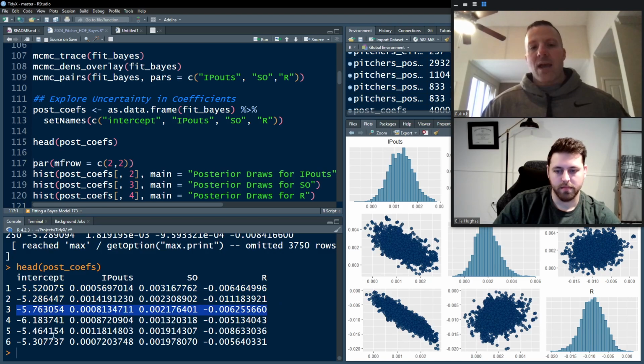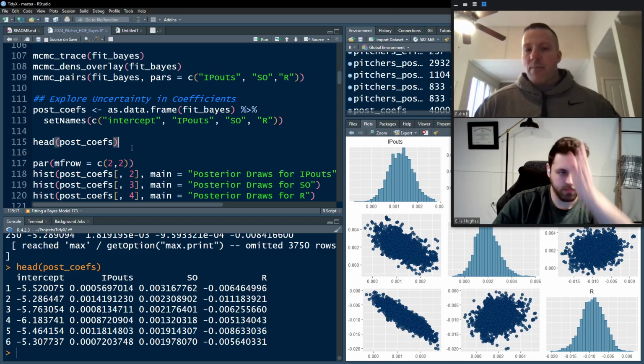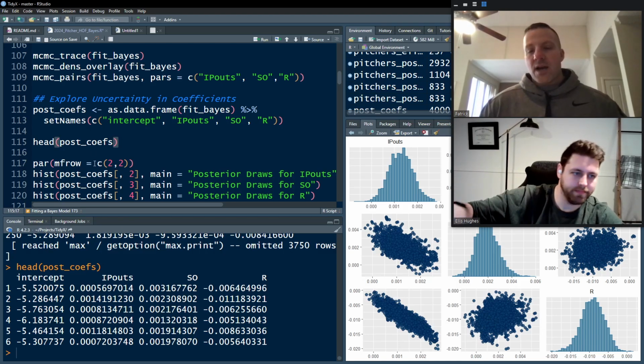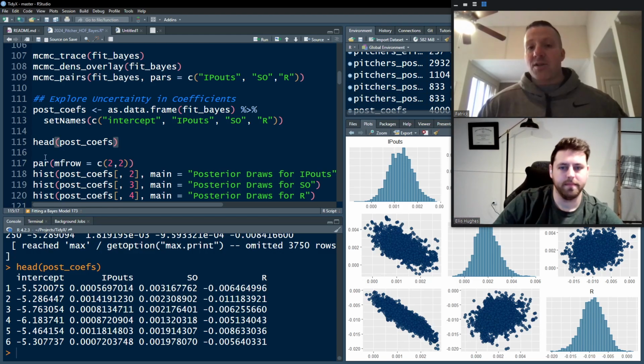And so now we have this data frame where each column is representative of one of the coefficients in the model, including the intercept, and each row is representative of the possible 4,000 universes that could have occurred from our data.